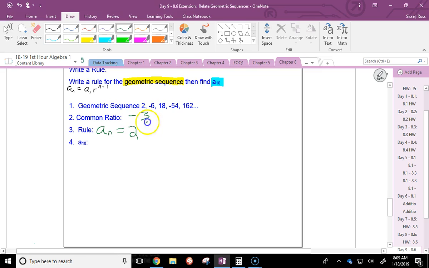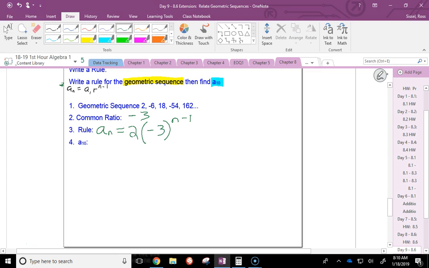Well, we know what my rate is. My rate is -3, but it has to have the exponent of n minus 1. If I ask you on your homework to write the equation, you do not write the general formula for your answer. For this problem, your answer is a sub n equals your first term times your ratio, and then the exponent n minus 1.